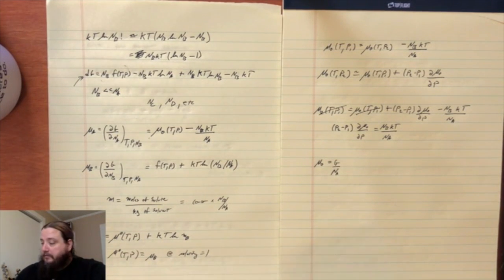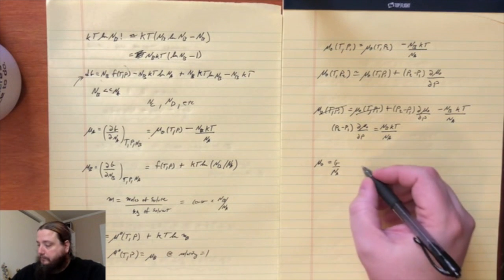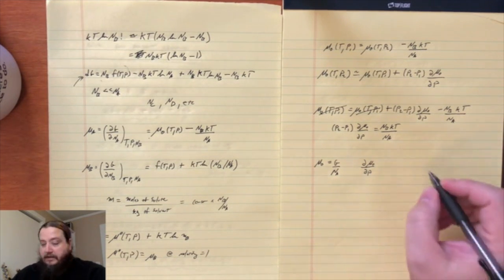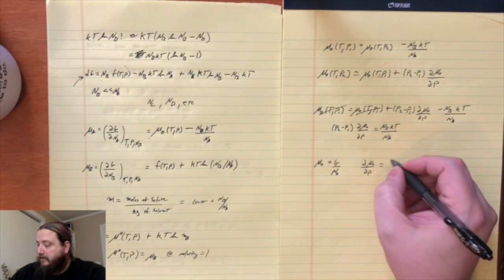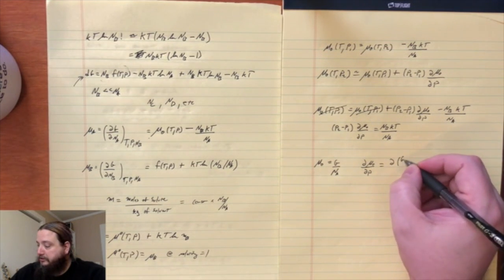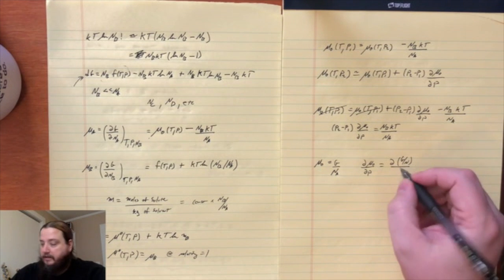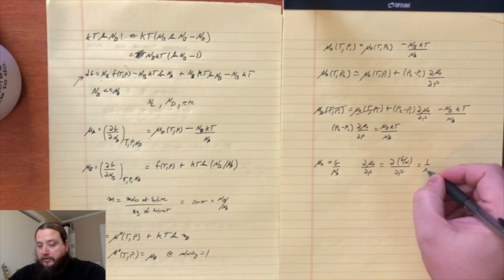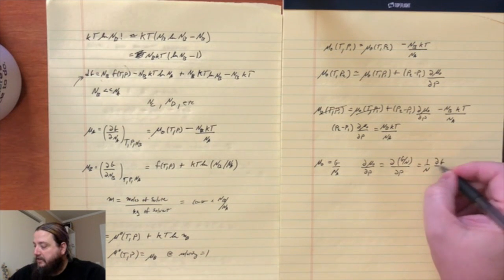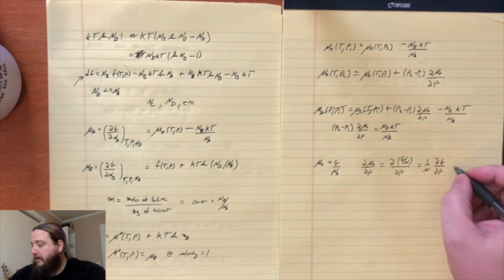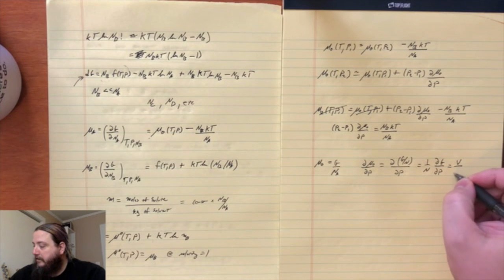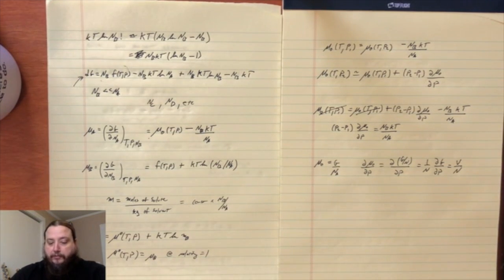And so d mu naught/dP is going to be the derivative of G over N with respect to P, and that's going to be 1 over N dG/dP, and dG/dP is the volume, so this whole thing is volume over N.